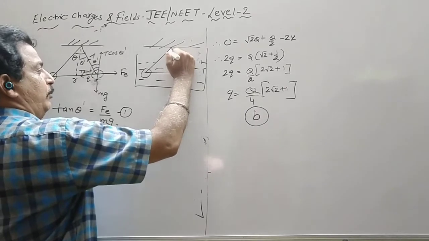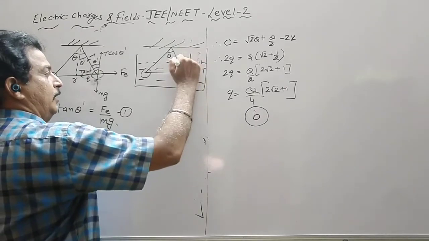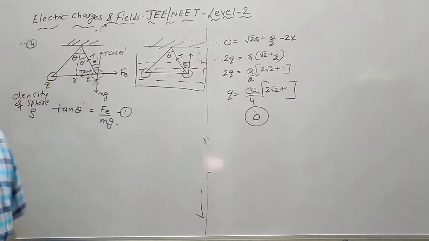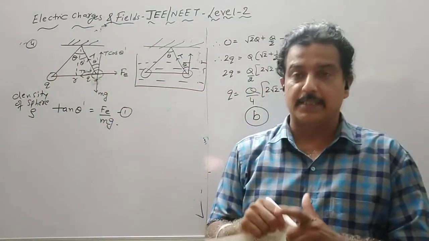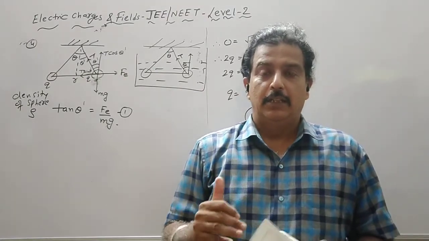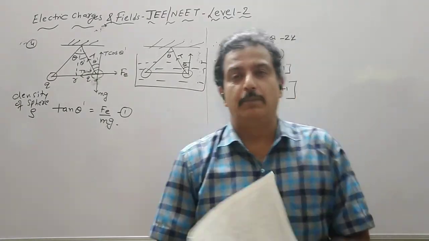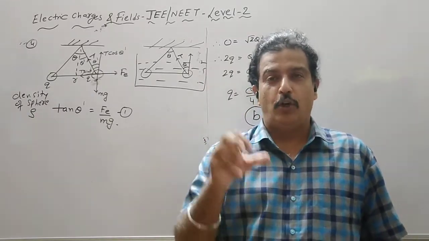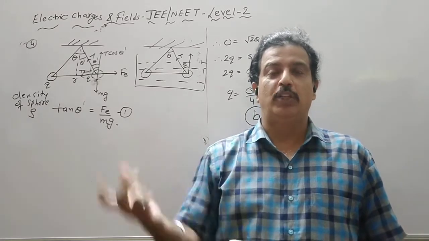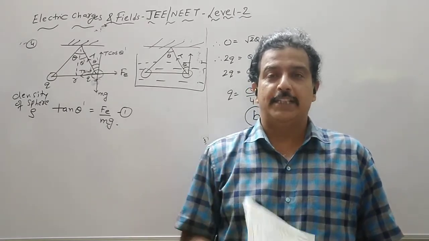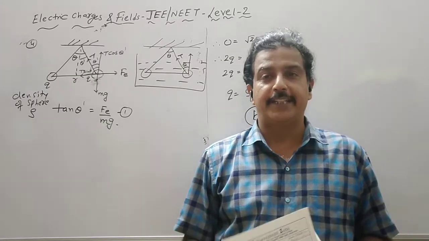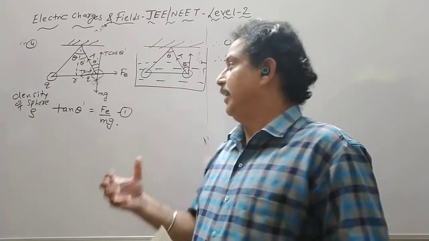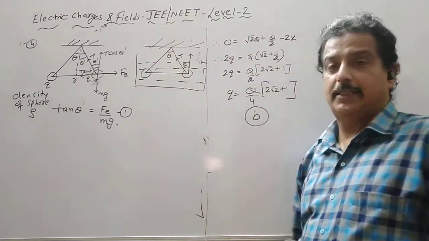Again theta remains the same. But what will happen? If you remember the Archimedes principle, it says whenever any body is immersed fully or partially, it loses its weight, and the loss in weight is equal to the weight of the liquid displaced. So the effective weight will decrease, as the mass of the fluid is displaced.